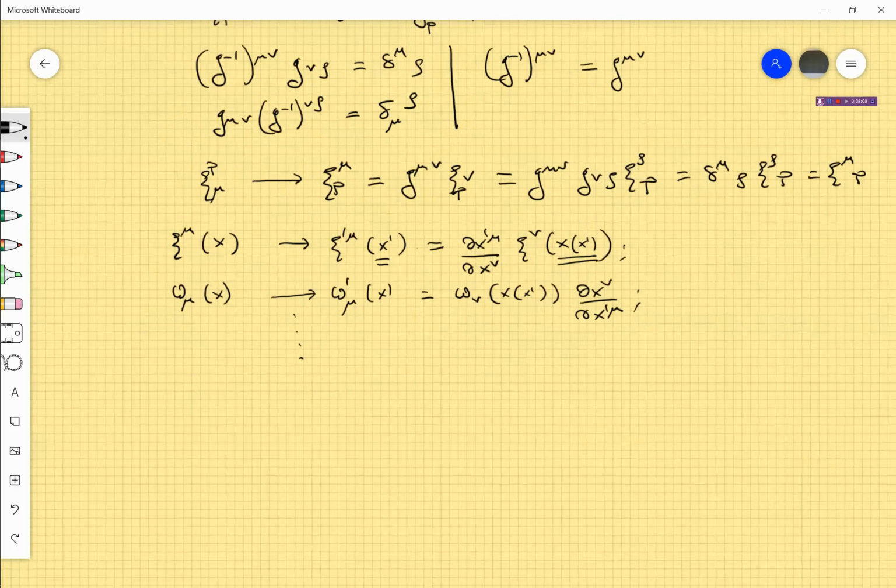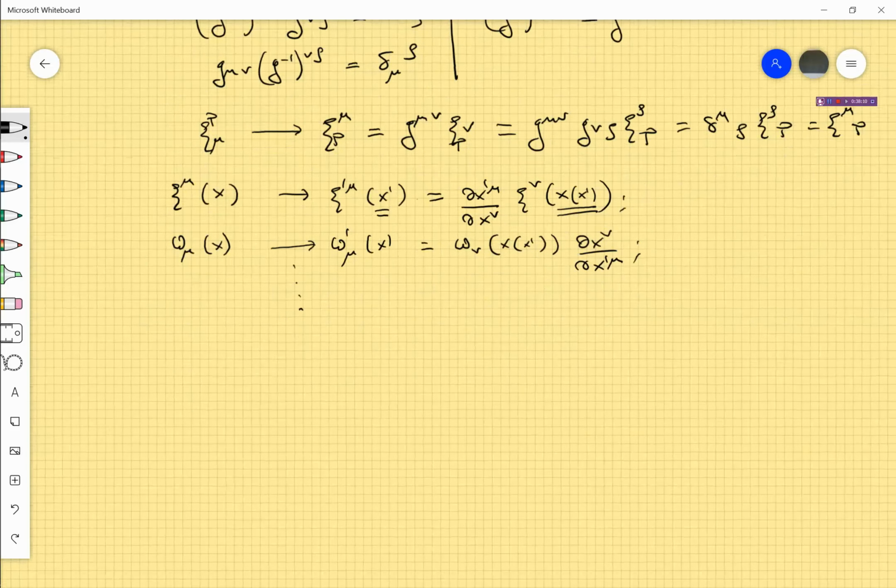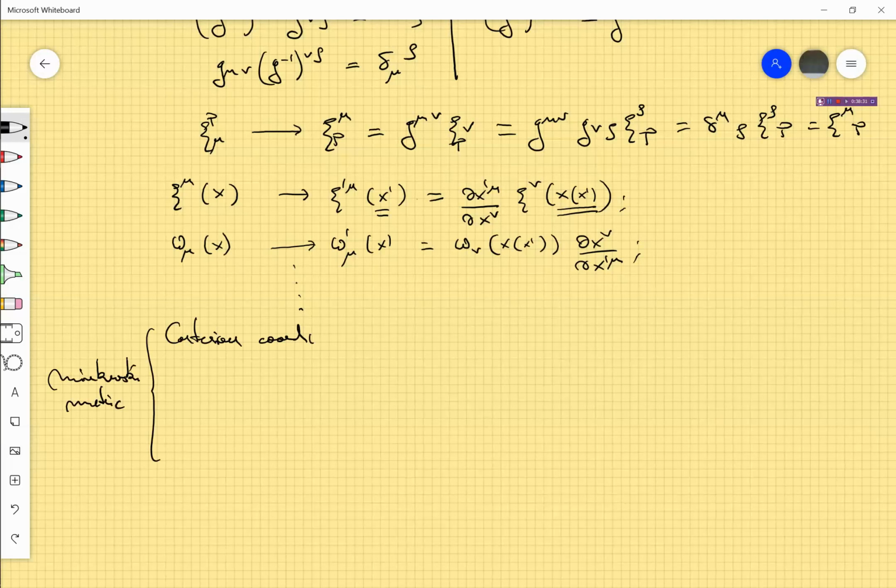In special relativity, we are only going to consider the Minkowski metric, but we will express it in different coordinates. We know that in Cartesian coordinates, this is the Minkowski metric. In Cartesian coordinates, it takes the form ds squared.